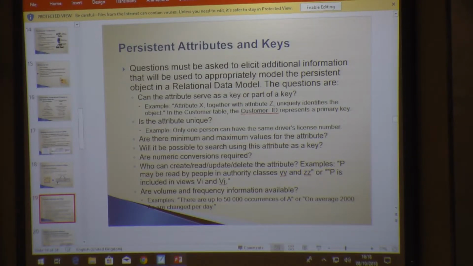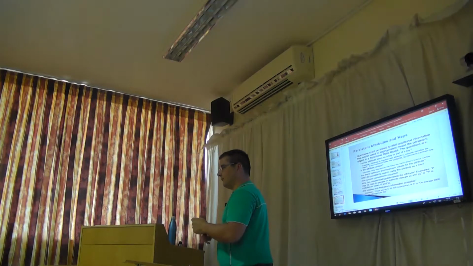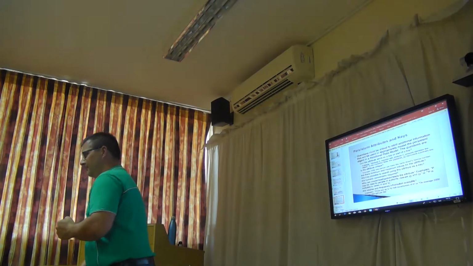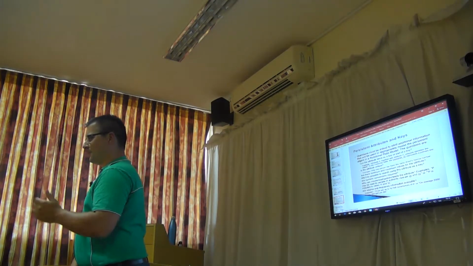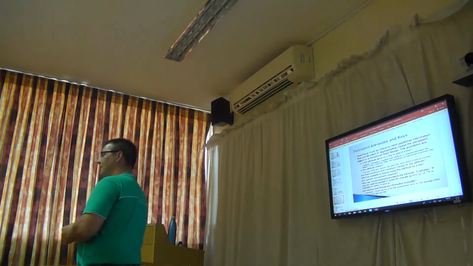Okay, so can the attribute serve as a key or part of a key? What is a key? A key is a field which is used to uniquely identify something. What would uniquely identify you? Your ID number.